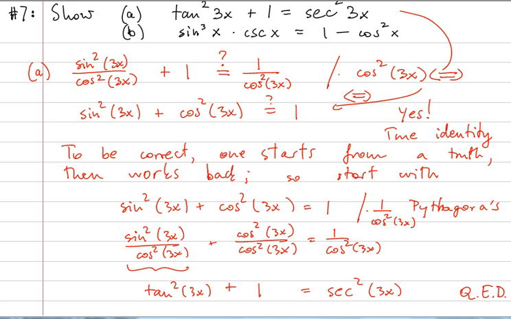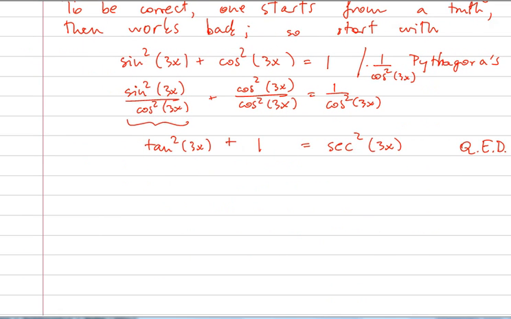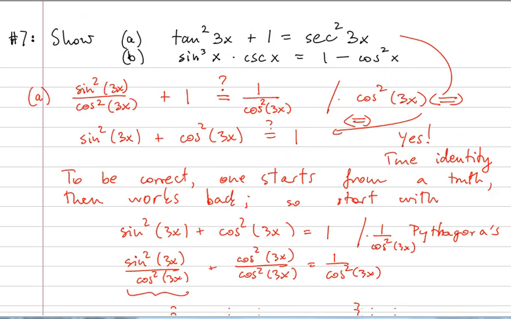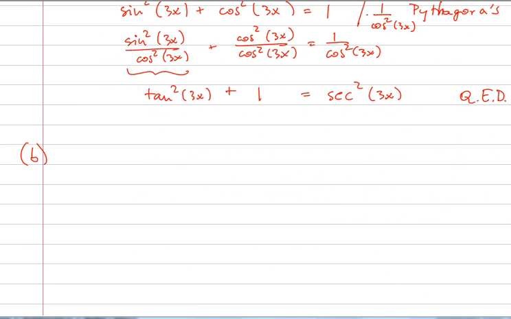Okay, so for the next question, I have sine cubed times cosecant is 1 minus cos squared. So sine cubed of x times cosecant of x equals 1 minus cos squared x. So always replace the non-sine and cos functions by their definition. So this is sine cubed x times 1 over sine x.